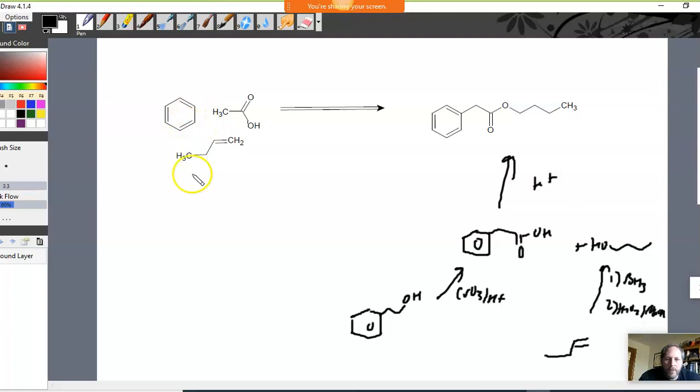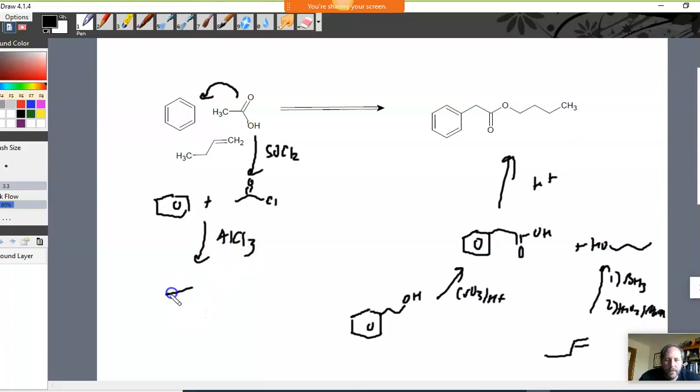Alright, so I'm using these two things, kind of going backwards and forwards. I obviously have to attach this onto here. So in order to do that, I got to first turn this into an acid chloride. And then add it to the aromatic ring with an acyl aromatic substitution to get to the ketone. Then I got to make it a primary alcohol, so I got to move this group over.